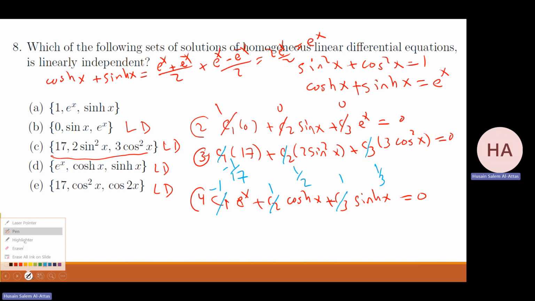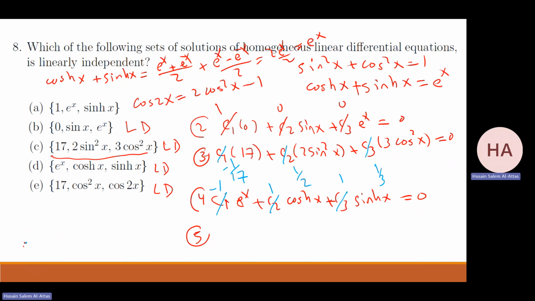The fifth one. I'll use which formula? I know that cosine 2x is 2 cosine square x minus 1. So this is what I want. So what is it? C1 times 1 plus C2 times cosine square x plus C3 times cosine 2x is equal to 0.